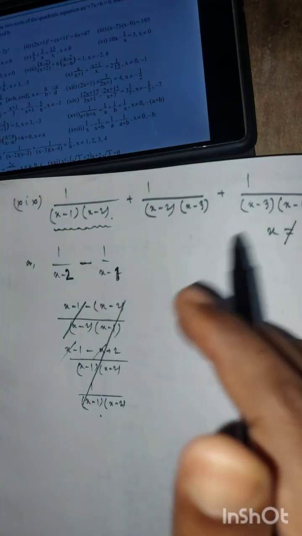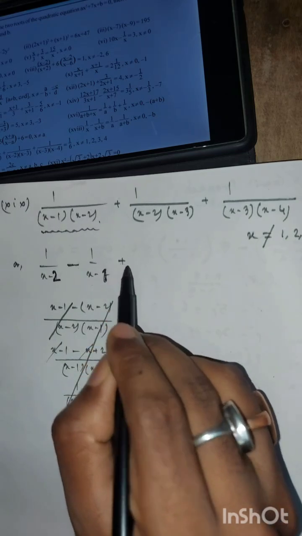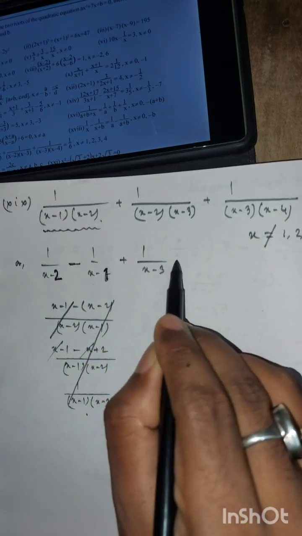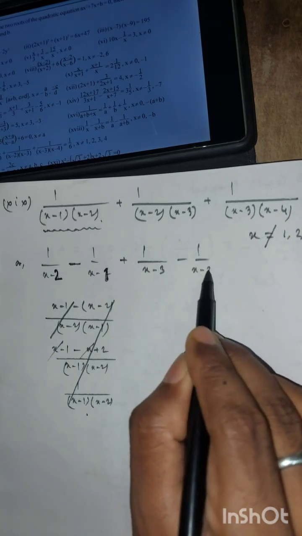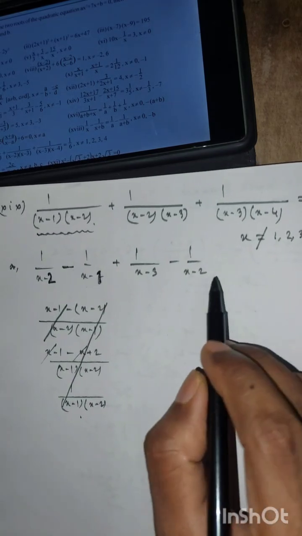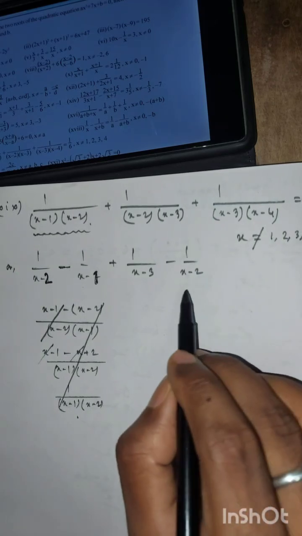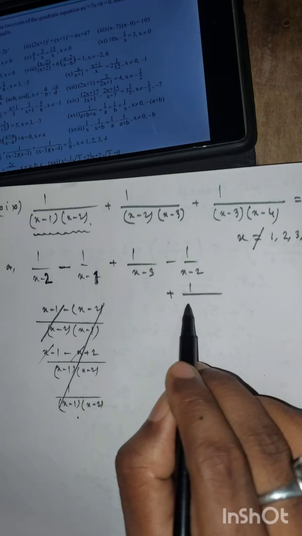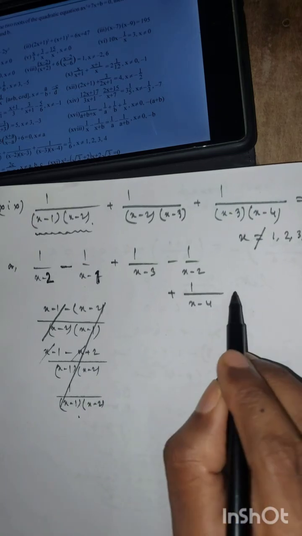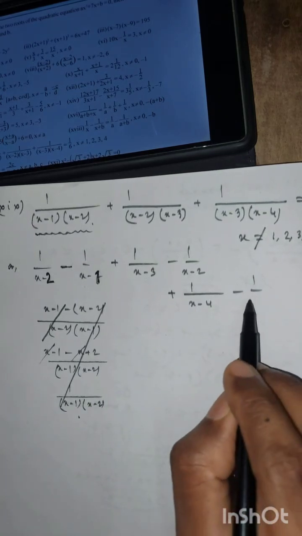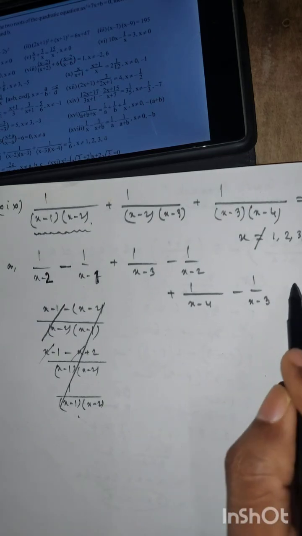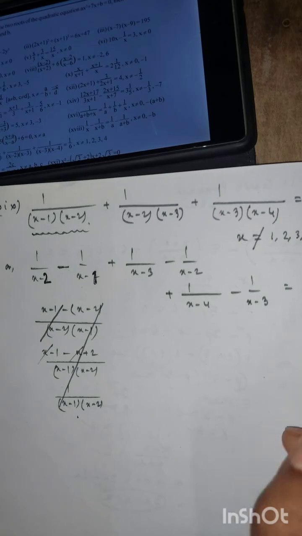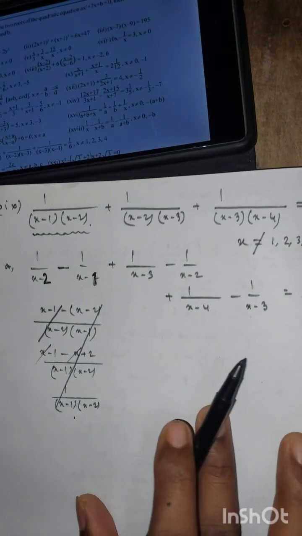Now similarly we can break the second term, that is 1 by x minus 3 minus 1 by x minus 2. Similarly we can break the third term, which becomes 1 by x minus 4 minus 1 by x minus 3, which is equal to 1 by 6. Now we are getting this.